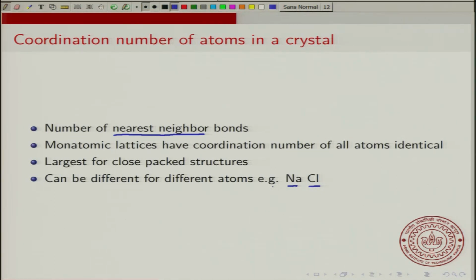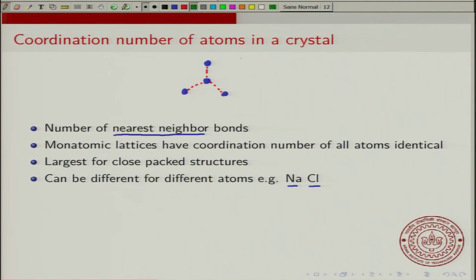So, really at the center of this whole discussion is the idea that you have some atom in a crystal, and you are looking around that atom. You look in various directions, and you look at the other atoms that are around it. This is a very central idea: you imagine that you have an atom in a crystal and you are looking at all the other atoms around it. This is the generic idea of coordination number.